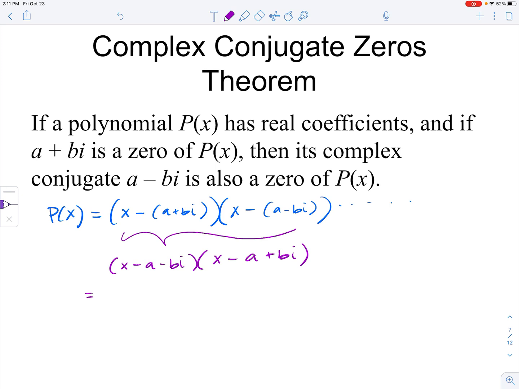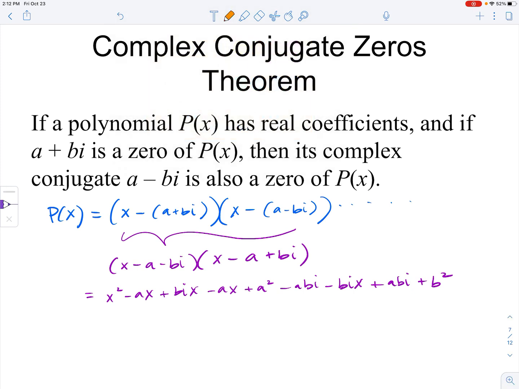Using the distributive property, I would have x squared minus ax plus bix, and then minus ax plus a squared minus abi, and then minus bix plus abi, and then negative b squared i squared, but i times i is negative 1, so that would be plus b squared.